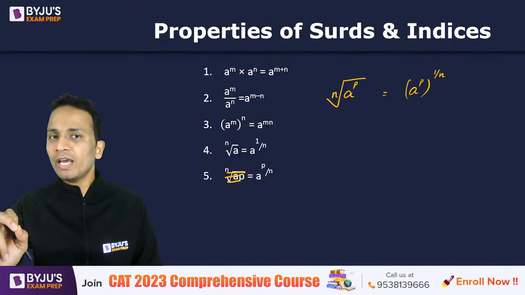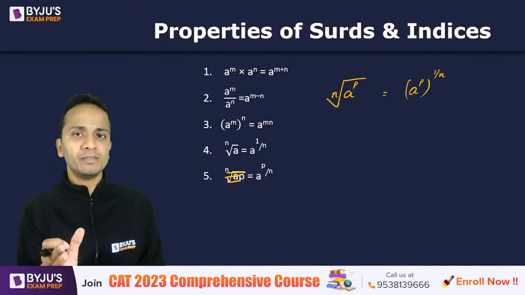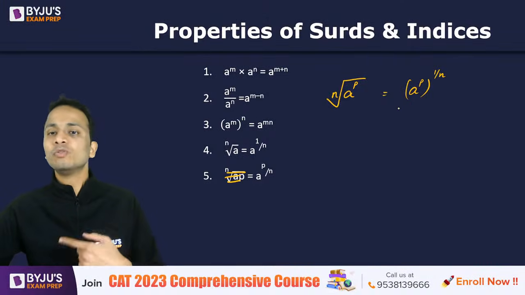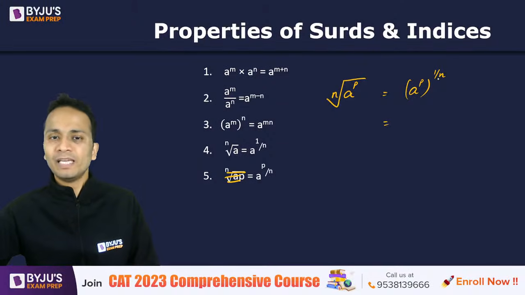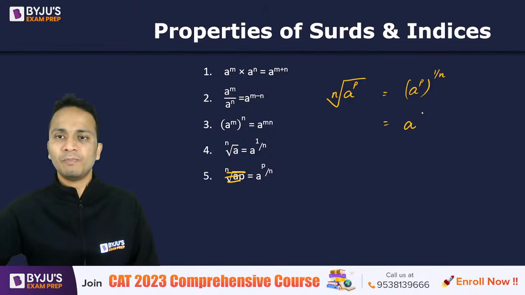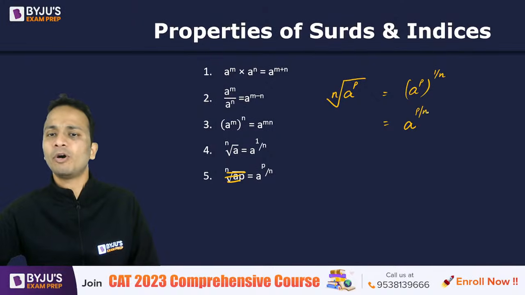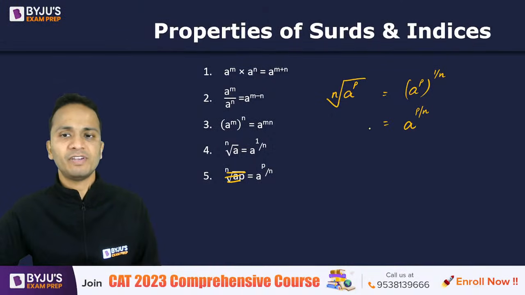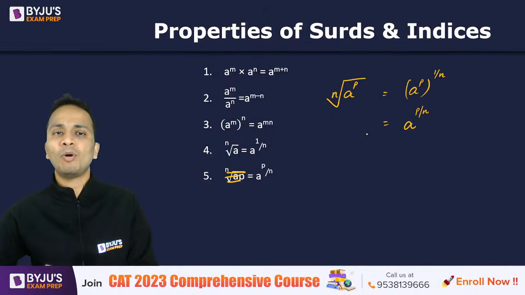Carefully, 1 upon n is not the power of p, it's the power of a raised to the power p. Right? Further, using property 3, I can multiply these two. So it will become a raised to the power, now p multiplied by 1 upon n will become p upon n. So this will be the final result in property number 5. A raised to the power p upon n.